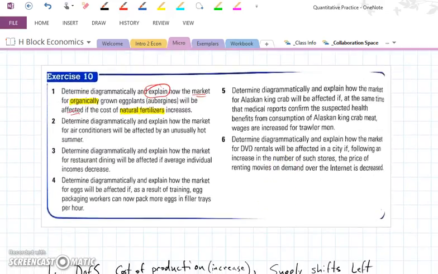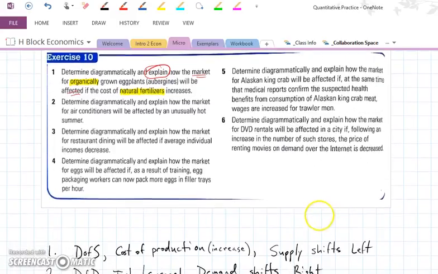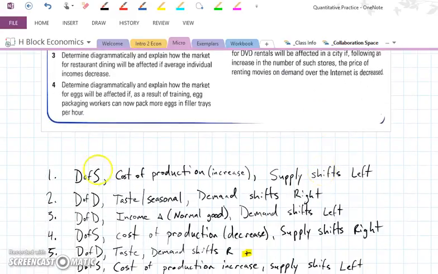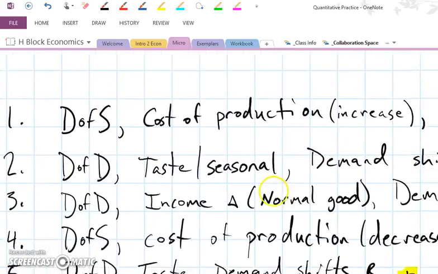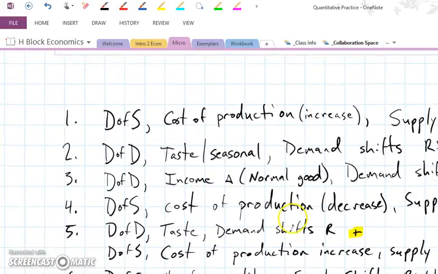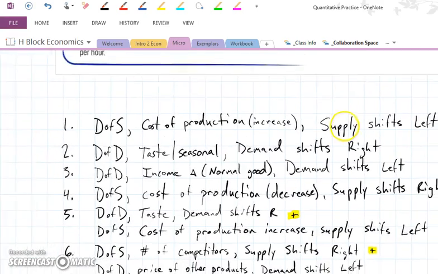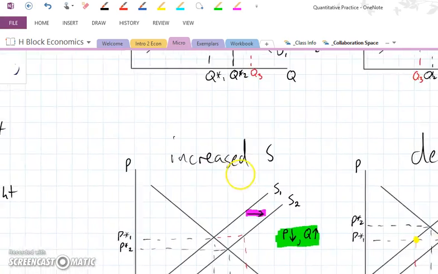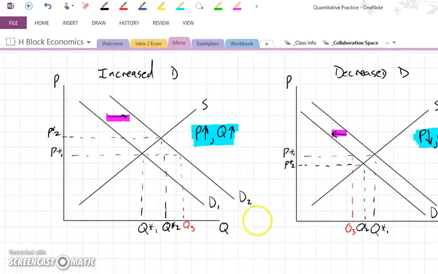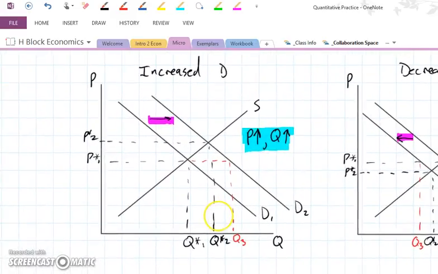Number 2, the market for air conditioners, unusually hot summer. This is a determinant of demand, and this is taste, specifically taste within a season when it's really hot. But basically, people want an air conditioner more because it's so hot, so demand will shift to the right. Again here, this is an increase in demand, so this one here.